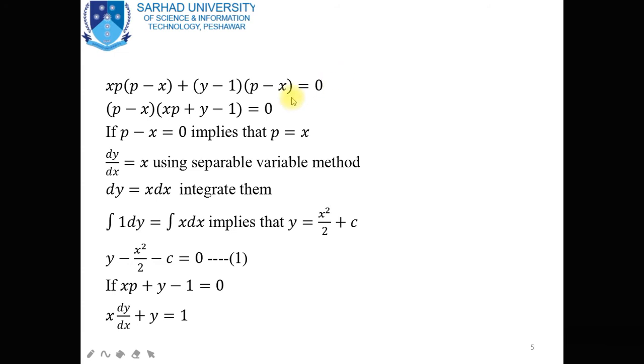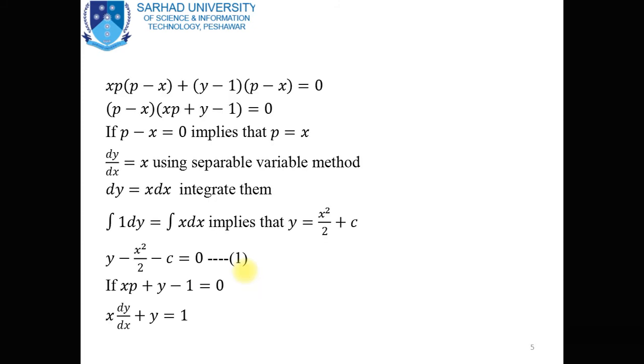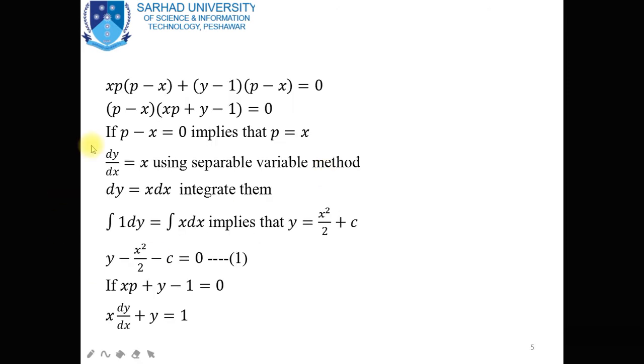Dear students, when we factorize a non-linear differential equation, it is not necessary that the factors reduce to linear form. Sometimes we may obtain a factor in linear form. You see over here in these two factors, this one is a first order differential equation but not linear, and in this equation, this is a first order differential equation and linear.